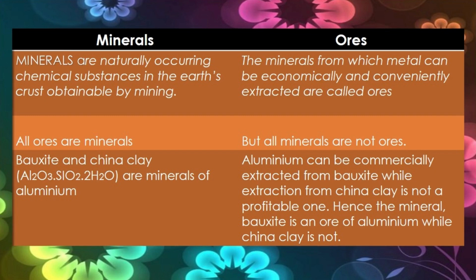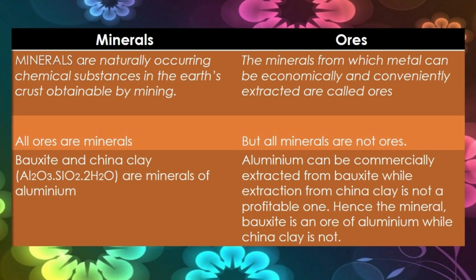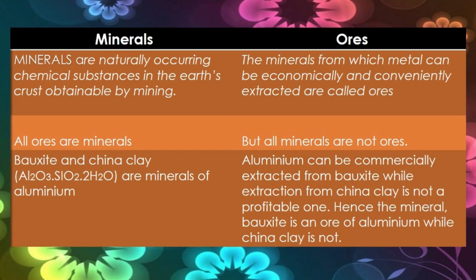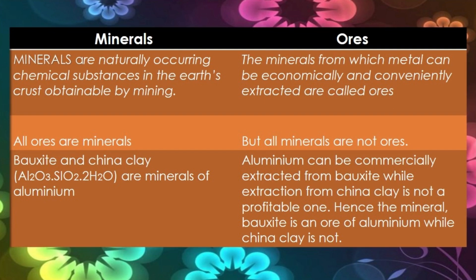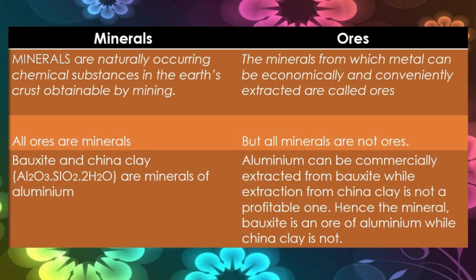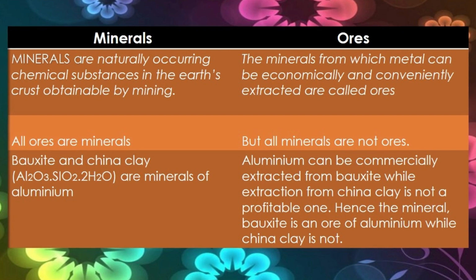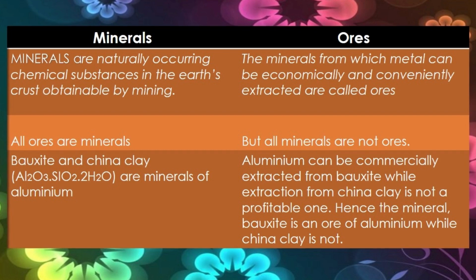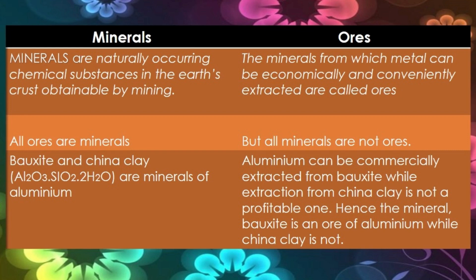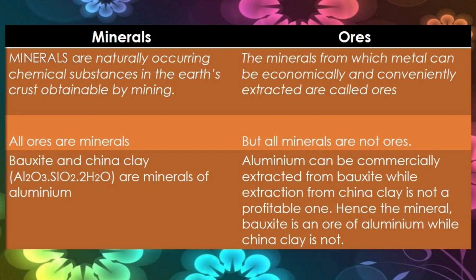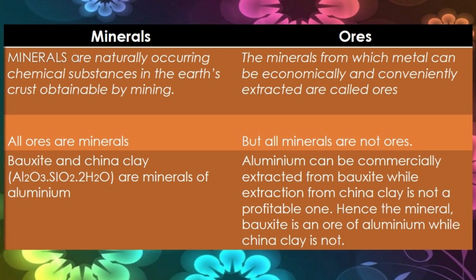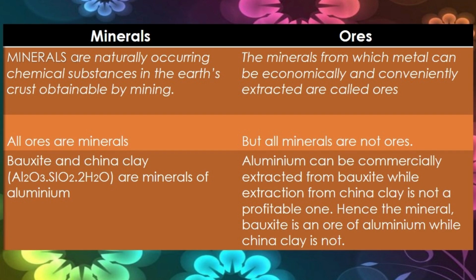For example, iron has around 800 minerals, but only from a few minerals can iron be profitably extracted. So iron has only a few ores. We can call all those ores minerals, but we cannot call all the 800 minerals of iron its ores. In the third point, you will give an example of minerals and ores.